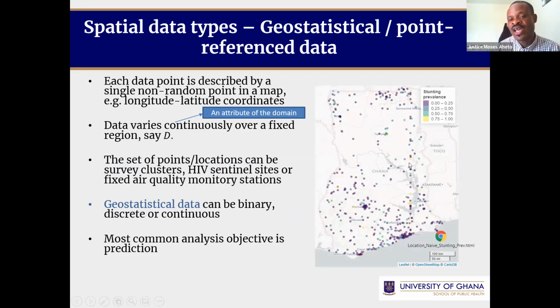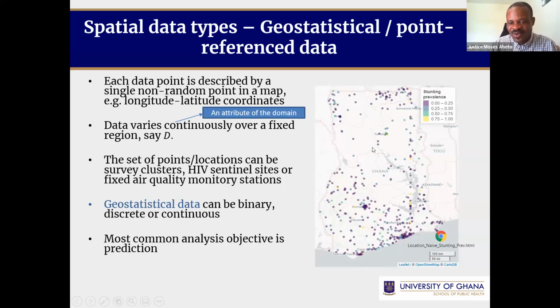So here, the points are simply the sample locations, and the colors represent the prevalence of stunting in those locations. Okay, so the stunting variable here is what we refer to as an attribute in the spatial data. And the locations here are the X and Y coordinates, which are the longitude and the latitude coordinates.